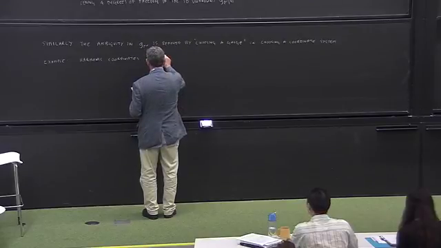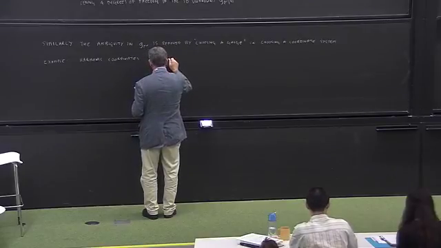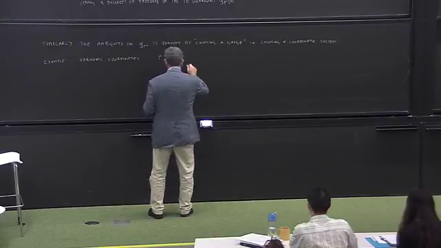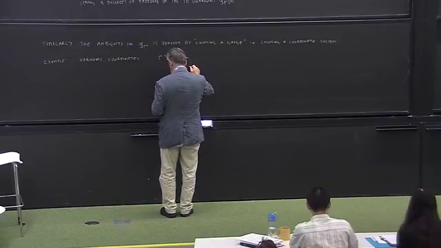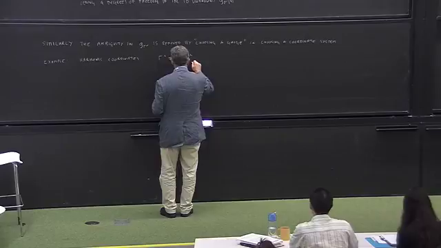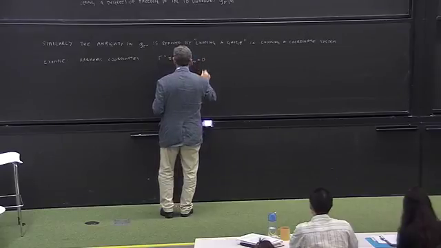Which says that gamma lambda, which is defined to be g lambda nu, g mu nu, gamma lambda mu nu, equals 0.